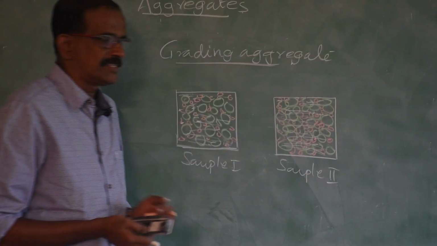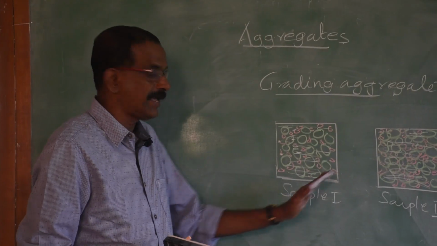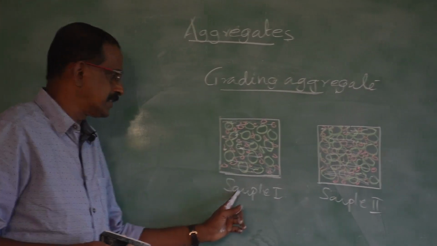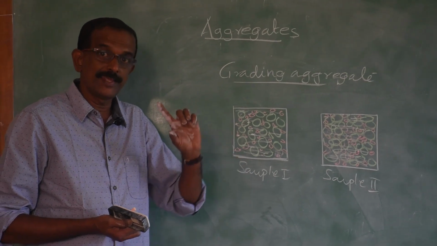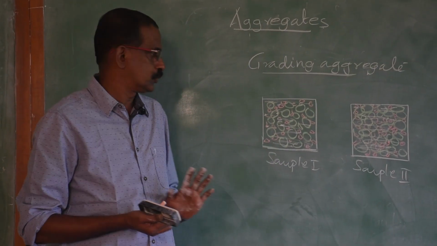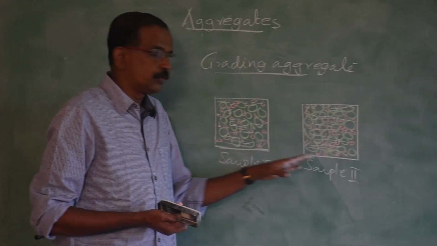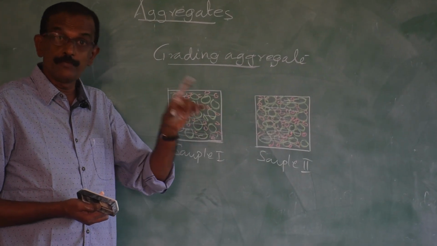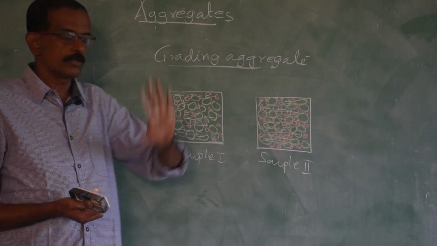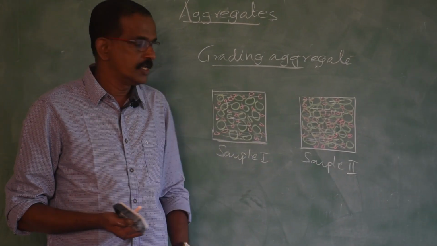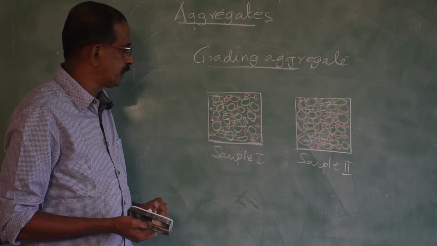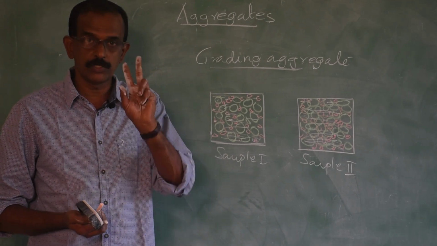Now, here you can see two samples of concrete, sample 1 and sample 2. For making sample 1, the same size of coarse aggregate, same size of fine aggregate, and cement and water are used. In sample 2, different sizes of coarse aggregate, different sizes of fine aggregate, cement and water. All the gaps are filled in sample 2 and sample 1. Now, the question is which sample you would prefer for construction, subject to two conditions.